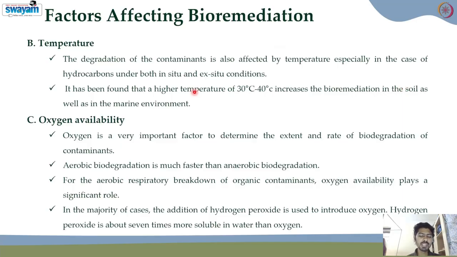What happens if the temperature is very low? It slows down the microbial growth. Whereas if it is too high, it kills the microorganisms, which is going to drastically affect the rate of biodegradation. So here also, the optimum temperature needs to be found out for the particular microorganism in order to carry out the bioremediation process.